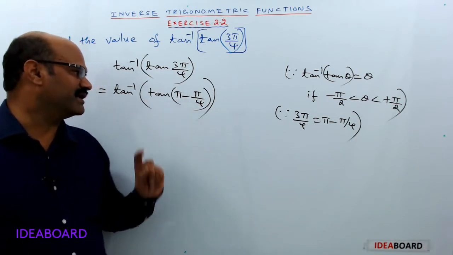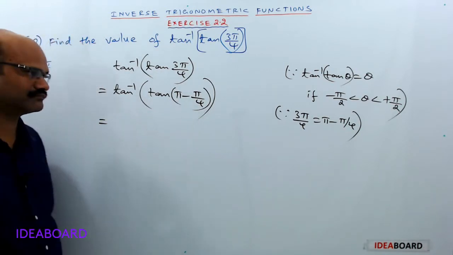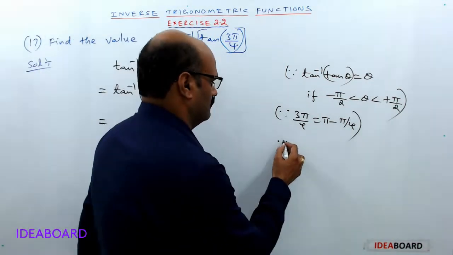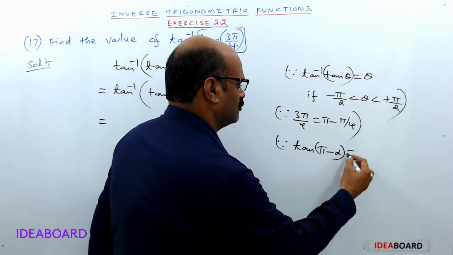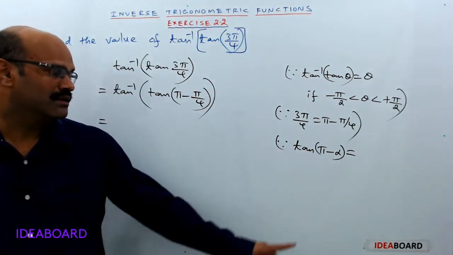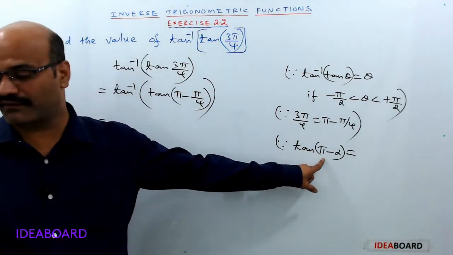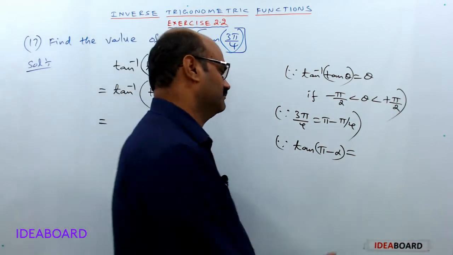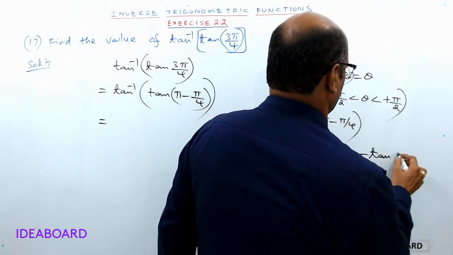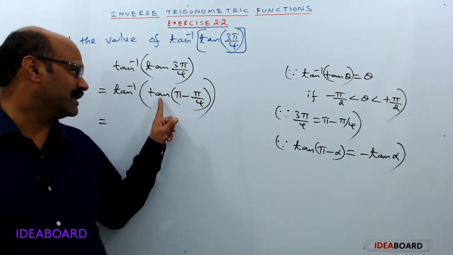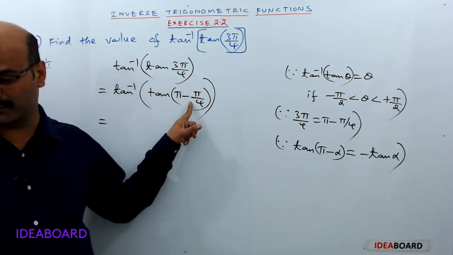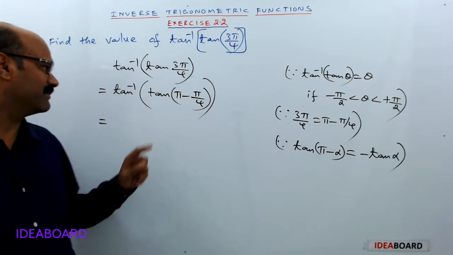Tan of 180 minus alpha equal to minus tan alpha. So tan of 180 minus pi by 4 equal to minus tan pi by 4.